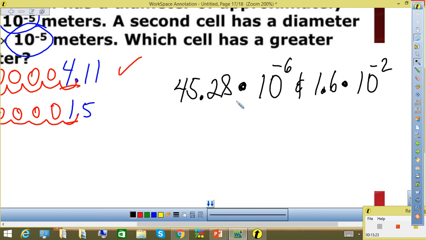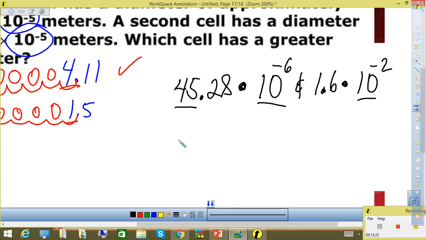Which number, look up please, which number is greater? Which one would you think is greater? First of all, you will think that the 45 is greater, is that correct? Because this one's only 1.6. But these are not the same.